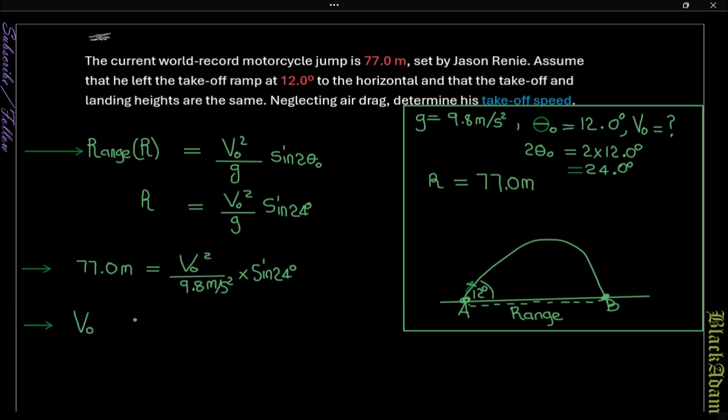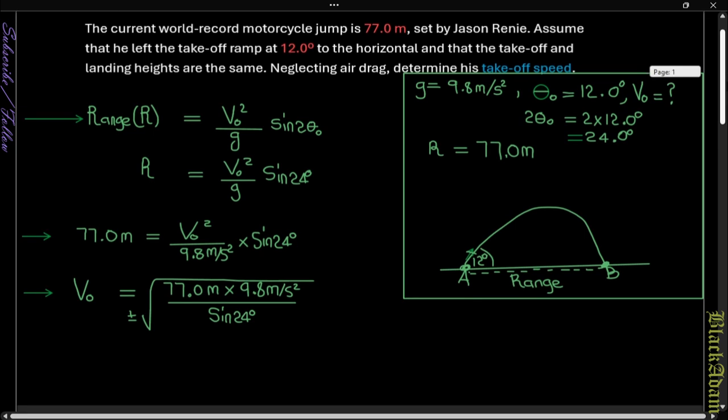So multiplying by 9.8 on both sides, the initial velocity squared is going to be 77.0 multiplied by 9.8 meters per second squared, divided by sine 24 degrees, and then we get the square root of that.